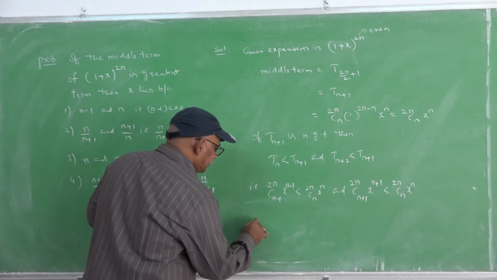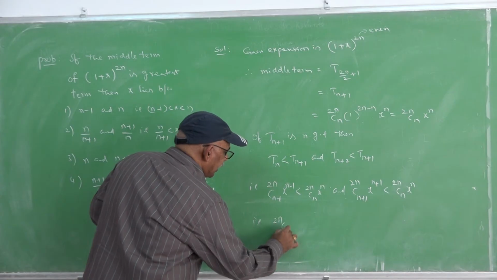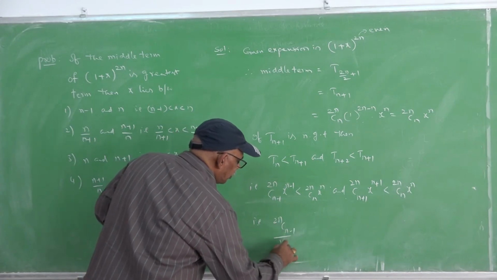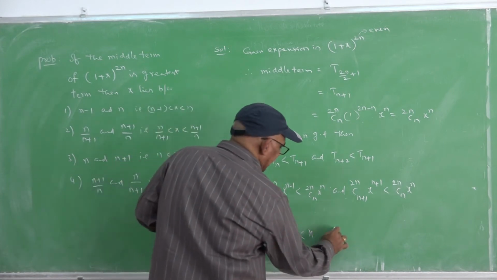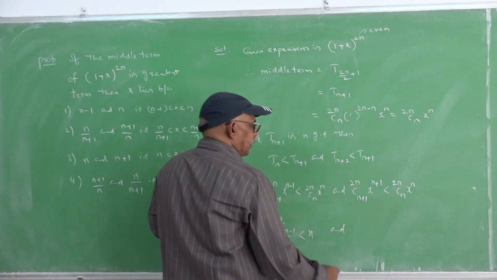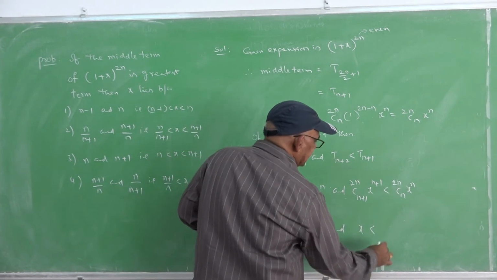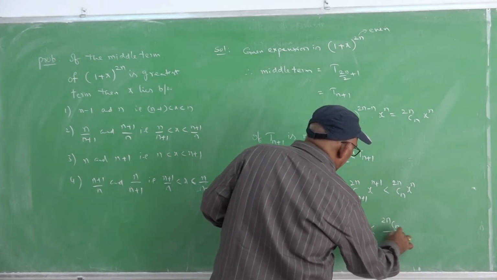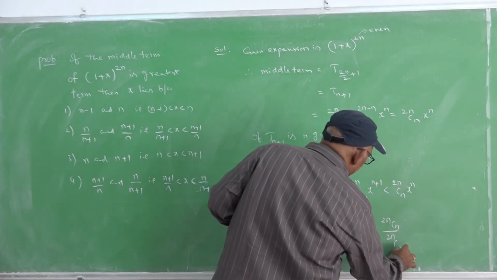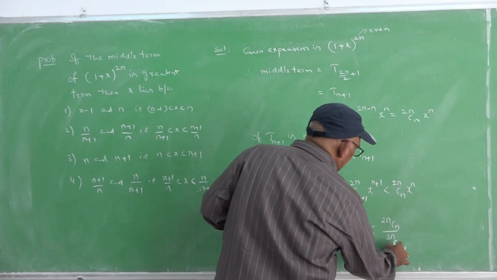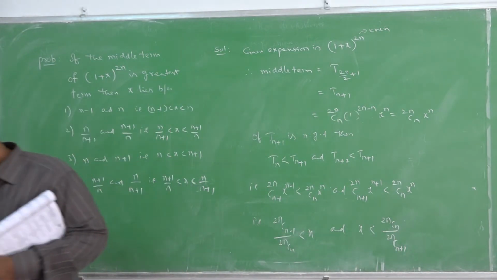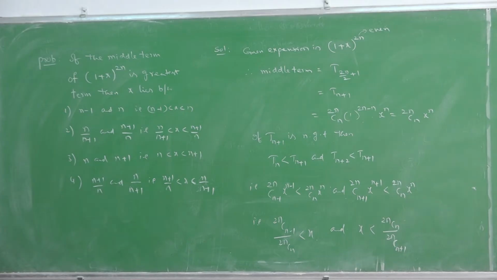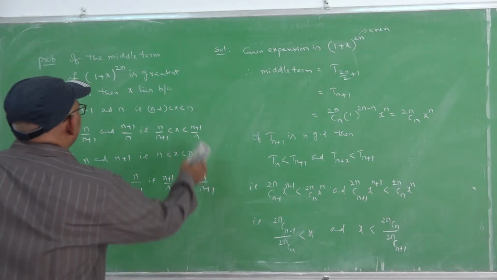From this, that gives us 2n C(n minus 1) by 2n Cn is less than x, and x is less than 2n Cn by 2n C(n plus 1). Now on evaluation of these two, we get the required result, the range of x here.